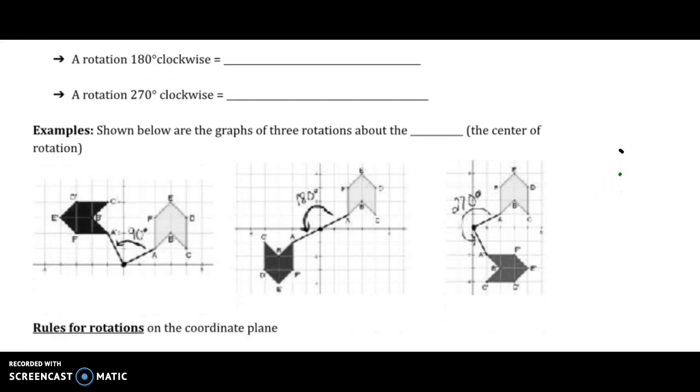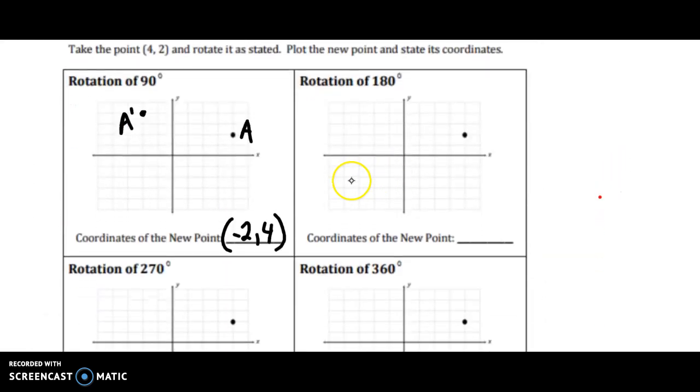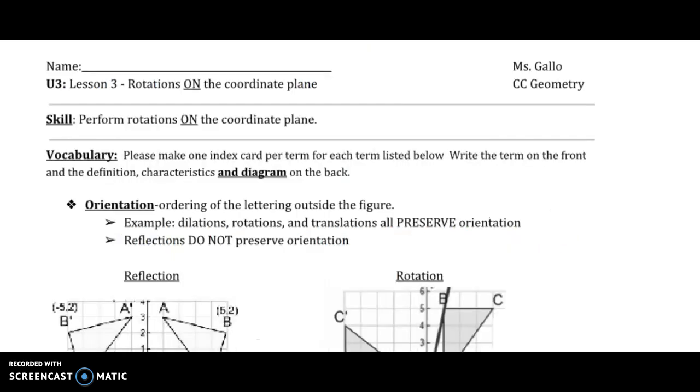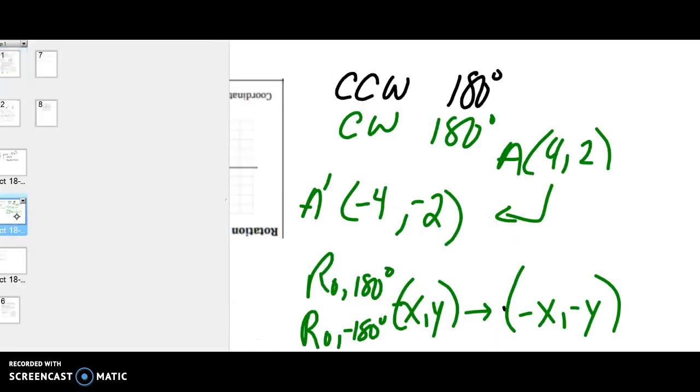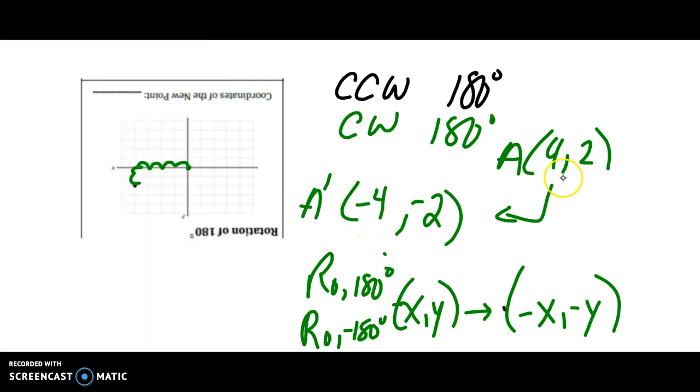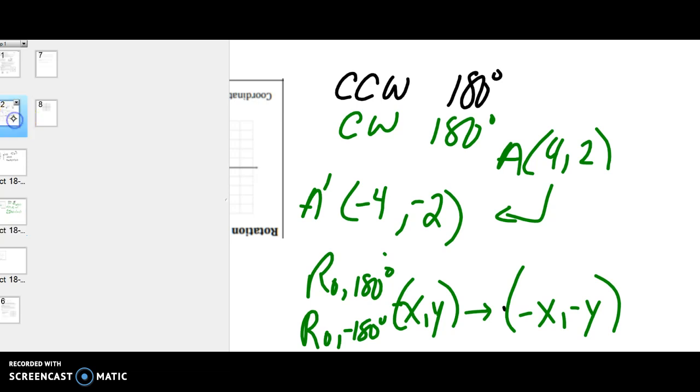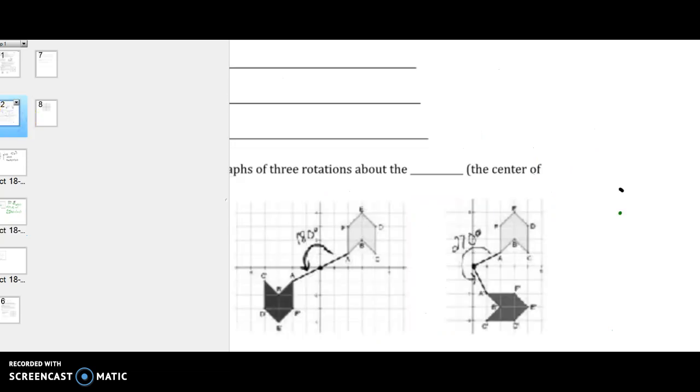Okay, so let's go back to the notes. So we know the point is going to end up over here. So if this is A prime, and this is -4, -2. What did I put on here? Oh, we started with +4, and we got -4, -2. Good.